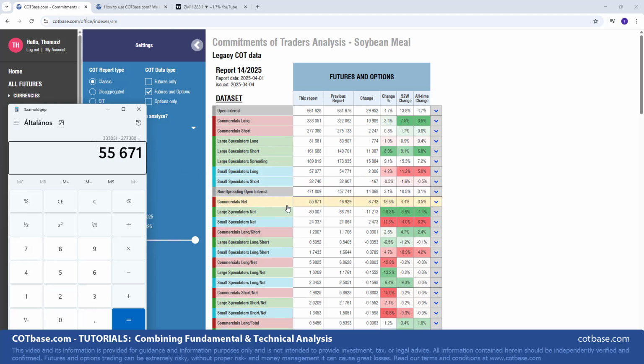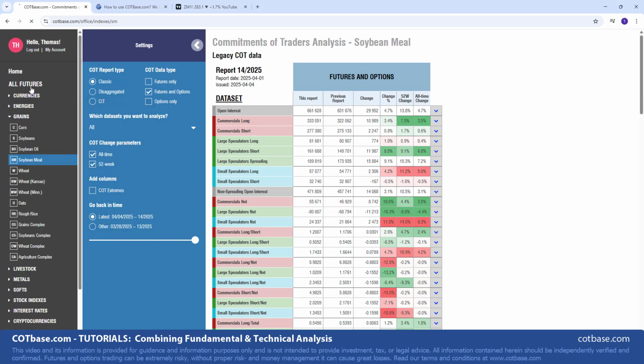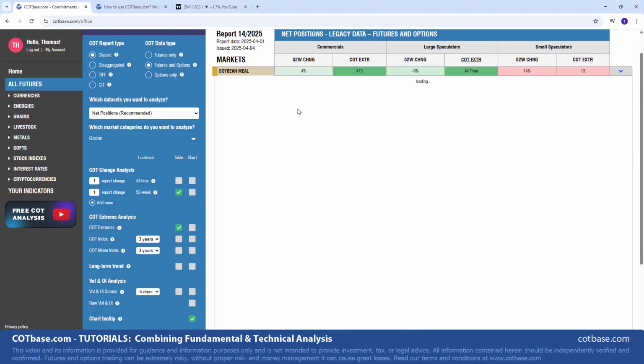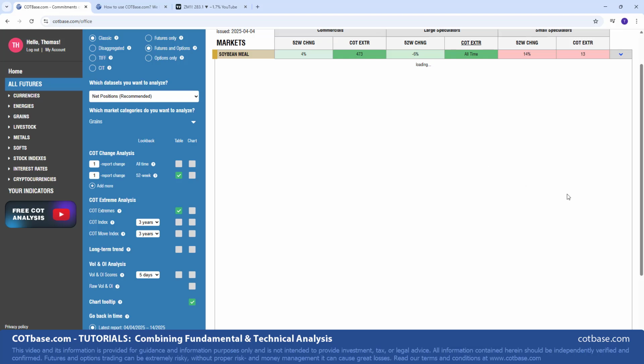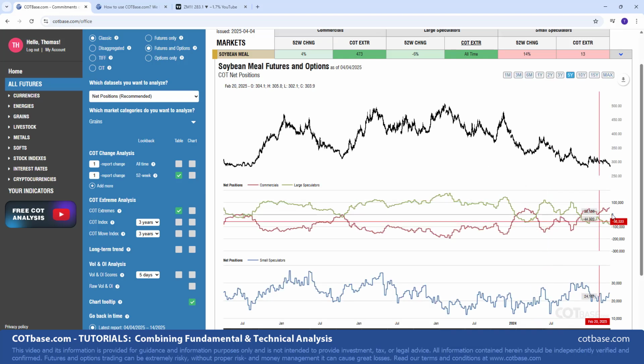You can see that gives us commercials 55,671 contracts net short. So if we come back over here, you can see that value at the very end.